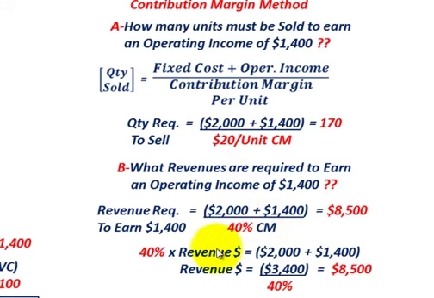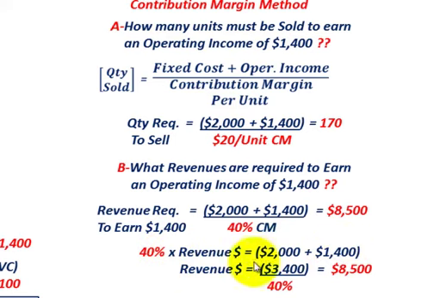Okay, and then you can also look at it here in total, with some rationale for our equation up above. Take our contribution margin of 40% times the total revenue dollars that we need. That would equal the $2,000 fixed cost plus the $1,400 in operating income.